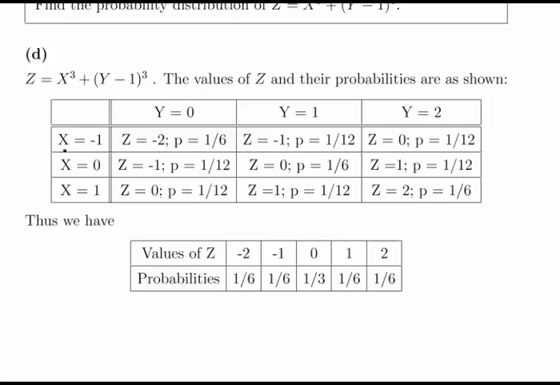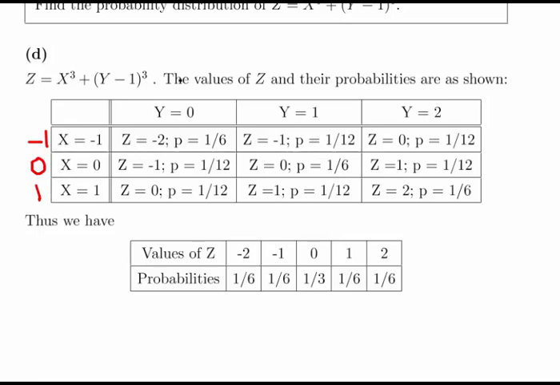I have it here as x. What's the corresponding value of x cubed? Well, -1 cubed is -1, 0 cubed is 0, and 1 cubed is equal to 1.